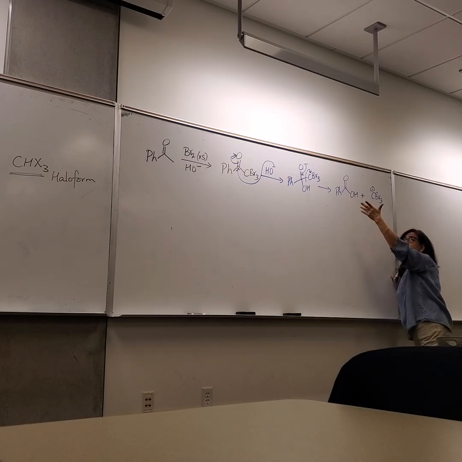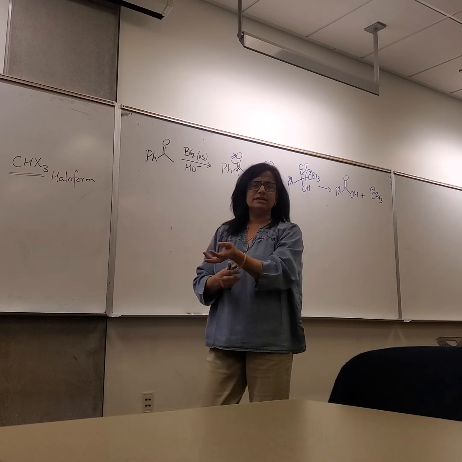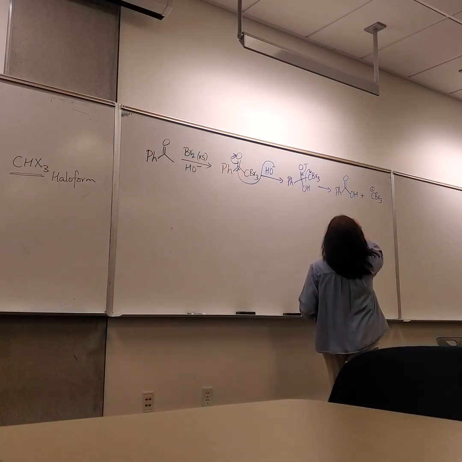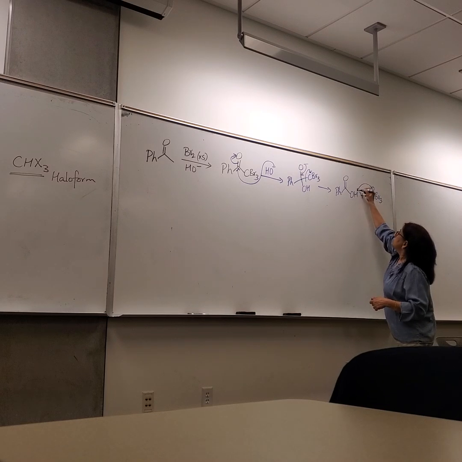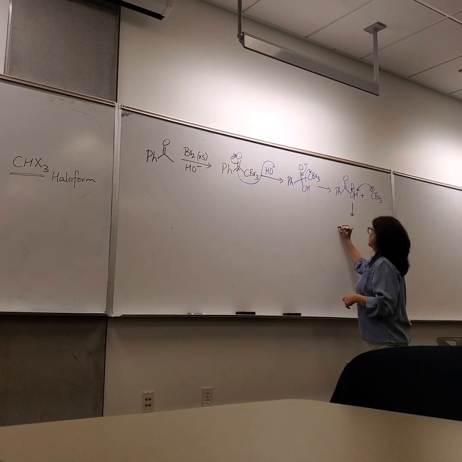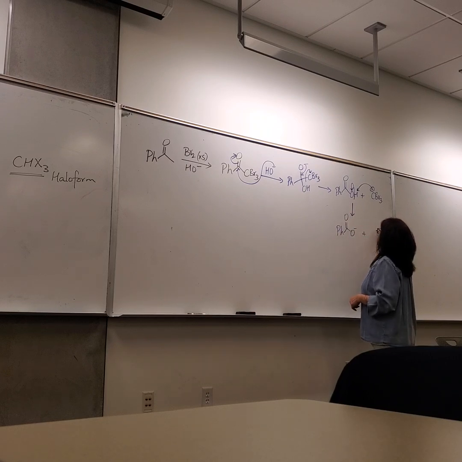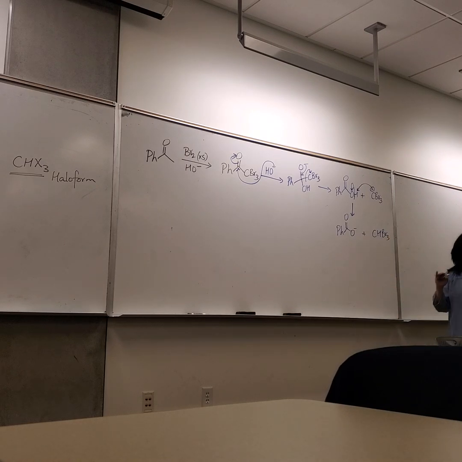It's not a very strong acid, but its pKa is about 4, and that's not a very weak acid either. So do you think this can survive with the negative anion? No. That's going to take the proton and create what? Benzoate. This is where the reaction stops.